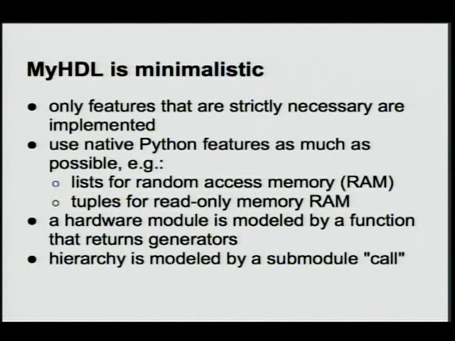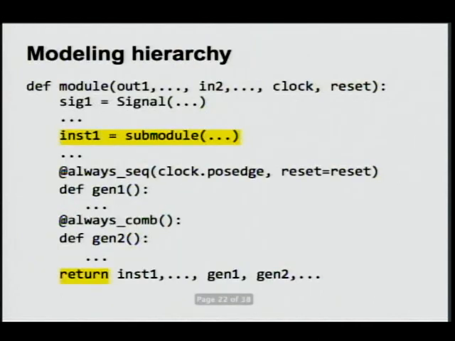To model hierarchy, all you do is call another function. So no special features are needed for that. And I have a schematic overview here. This is basically how a module in MyHDL would look, including hierarchy. You have a normal function with a parameter list, typically all signals. Then you have some internal signals which are defined here. Then you have a submodule, which is just another function call, which is assigned to a variable.